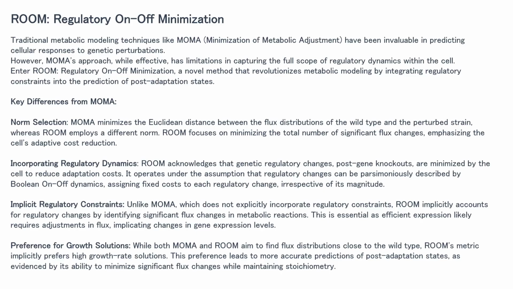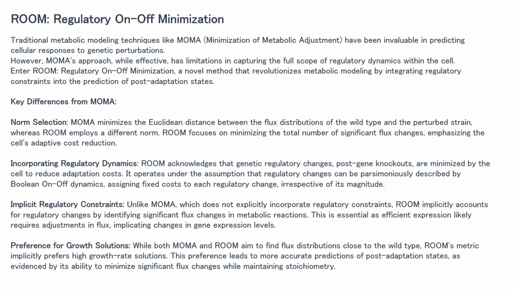And the last one is that while both MOMA and ROOM aim to find flux distributions close to the wild type, ROOM's metric implicitly prefers higher growth rate solutions. This preference leads to more accurate predictions of the post-adaptation states, as evidenced by its ability to minimize significant flux changes while maintaining stoichiometry.